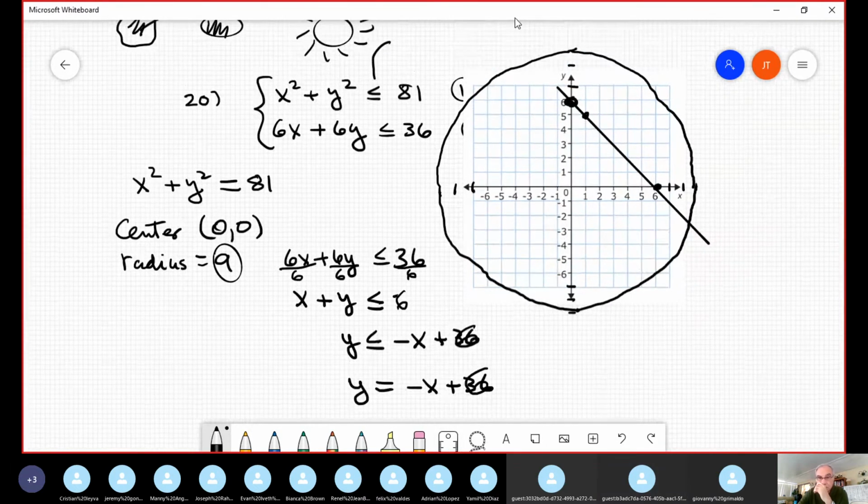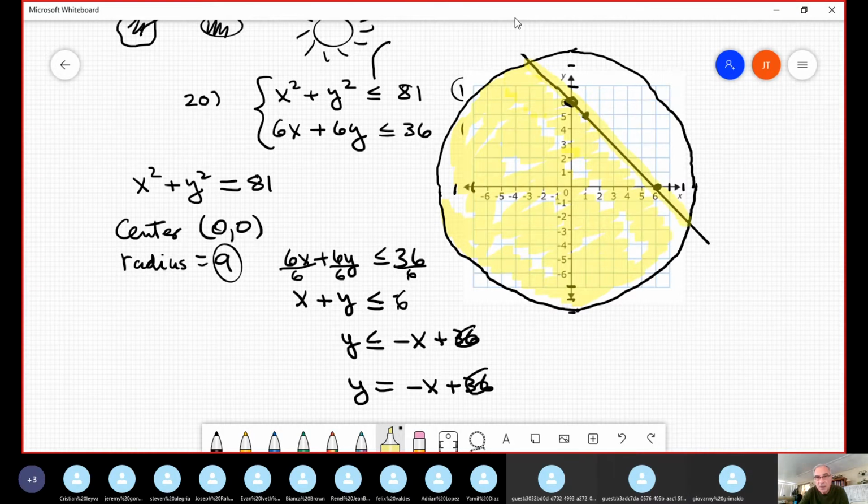Let me finish here. My solution is similar to the other problem. Is the edge included inside the solution or not? So for example, is this edge included inside the solution, yes or no?